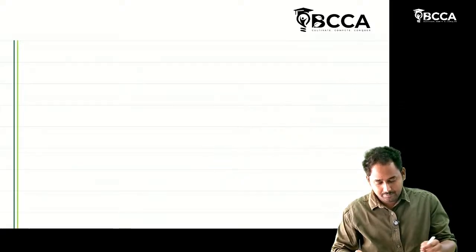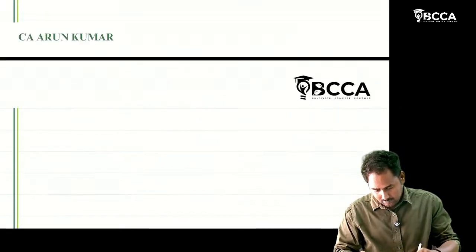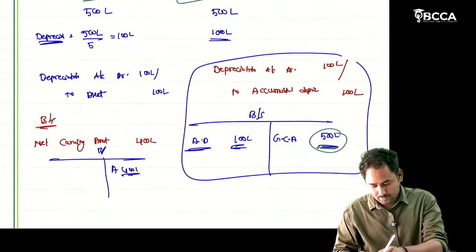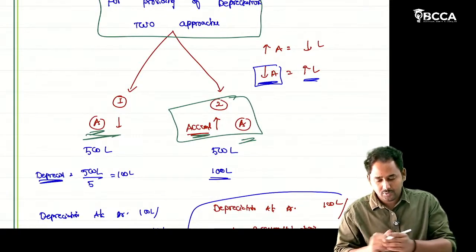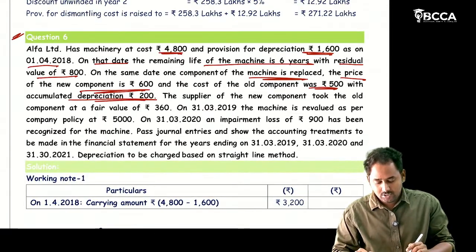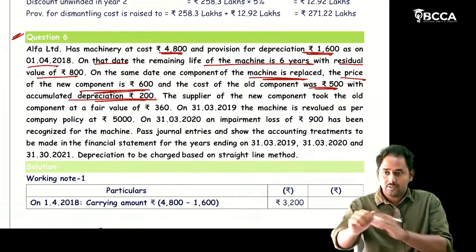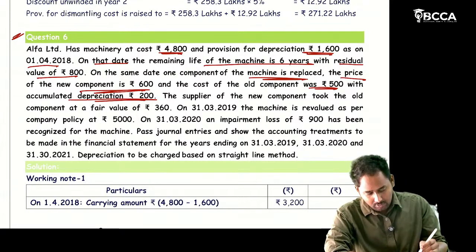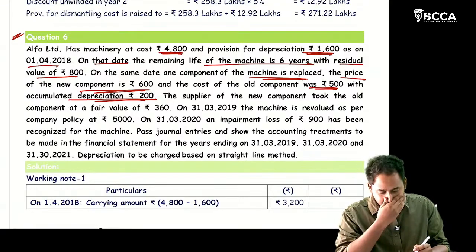So let's restart our session. Let's see approach 2 with question number 6. First we will see the question. Alpha Limited purchased machinery at a cost of 4,800.